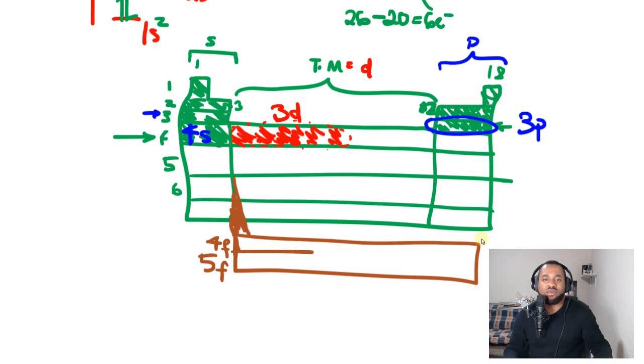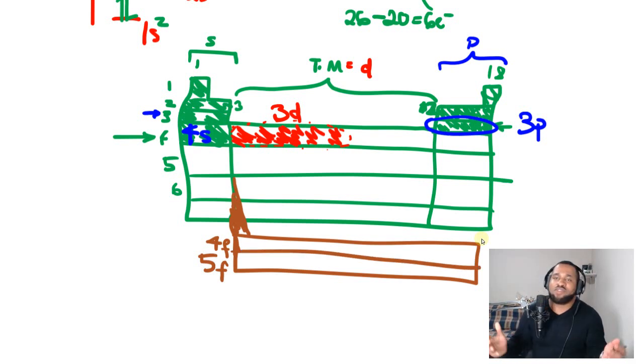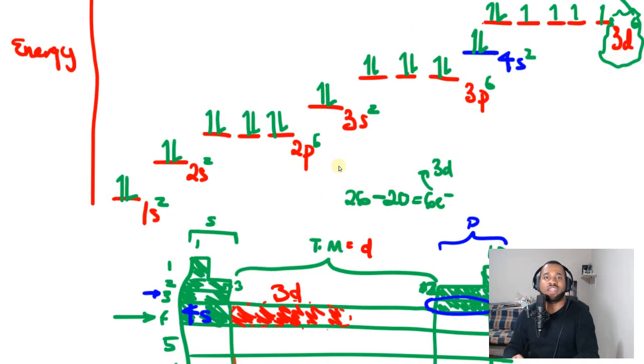So wow, the more elements we discover, maybe we can have our 6f and our 7f, or maybe we can find a new specific orbital after f. You never know. So that is it for how to use the periodic table to determine what particular energy level needs to be filled up first before moving up to a different energy level.